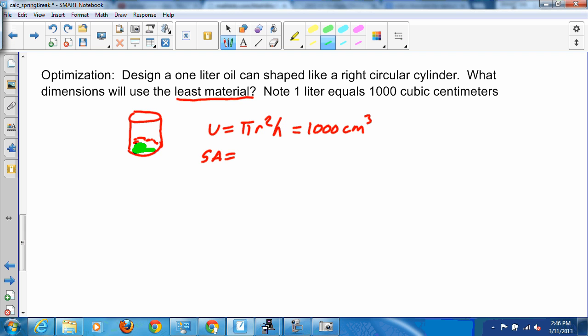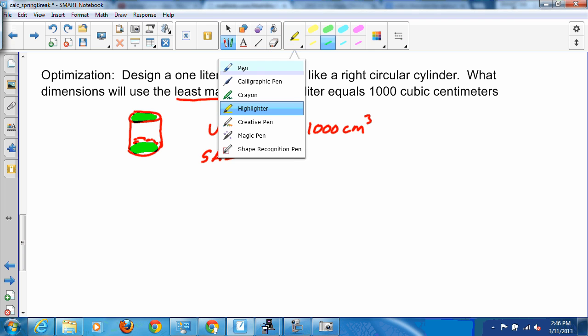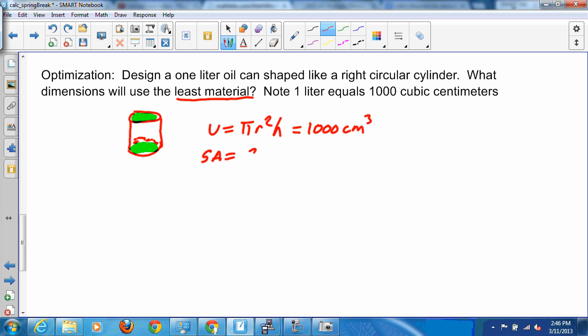Well, this surface area has a top and a bottom, right? And the top and the bottom are just circles. So those would be 2 times pi r squared. And then we have the wall, right? The circular part.